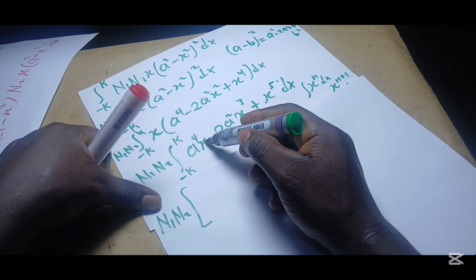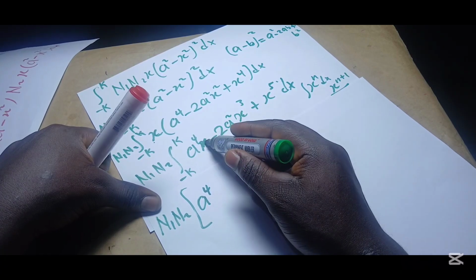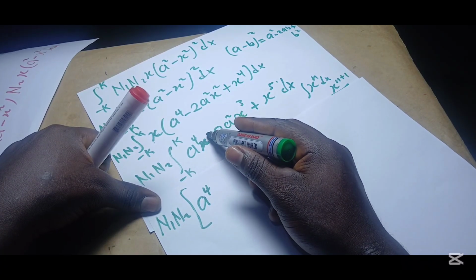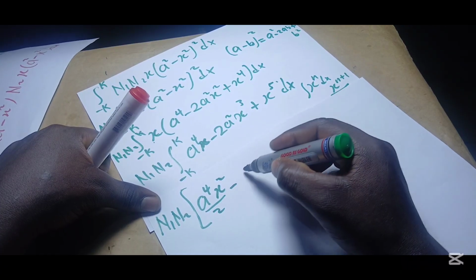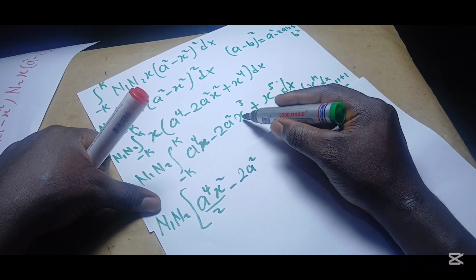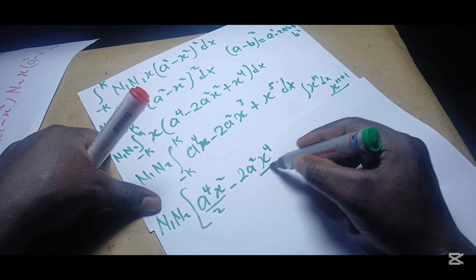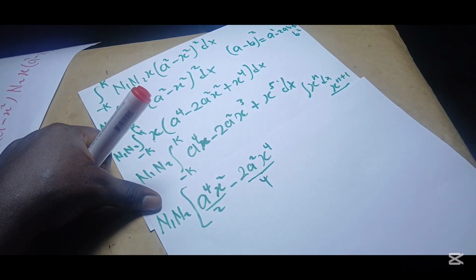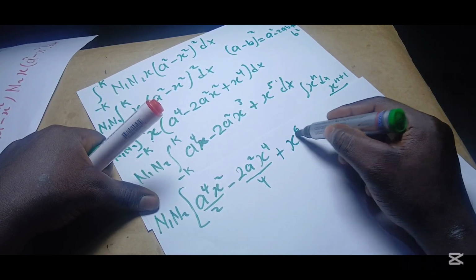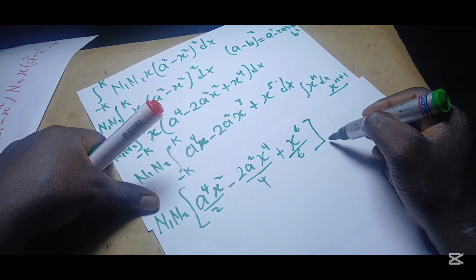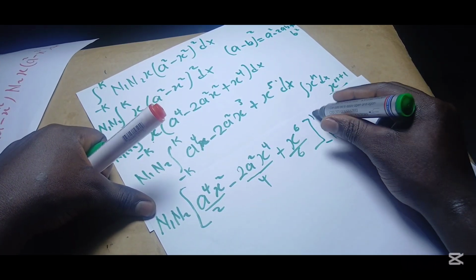Integrating a to the power 4 x, x is our variable of concern, so we get a to the power 4, x to the power 1 increased by 1, x to the power 2, all divided by 2. So minus 2a to the power 2, x to the power 3, integrating it gives us x to the power 4 divided by 4, right? So x to the power 5, integrating it gives us x to the power 6 all over 6. Our limit of integration is from negative k to positive k.